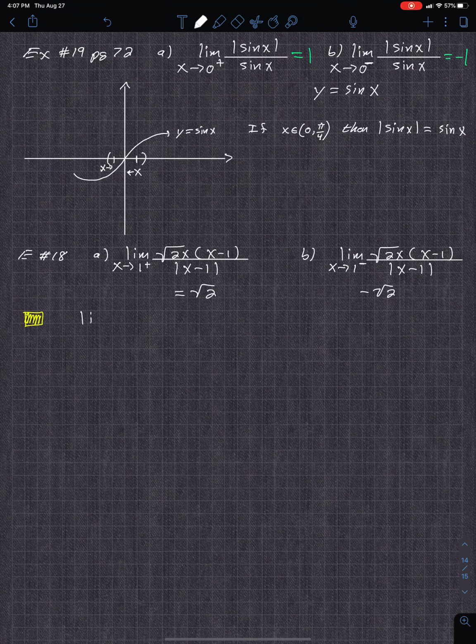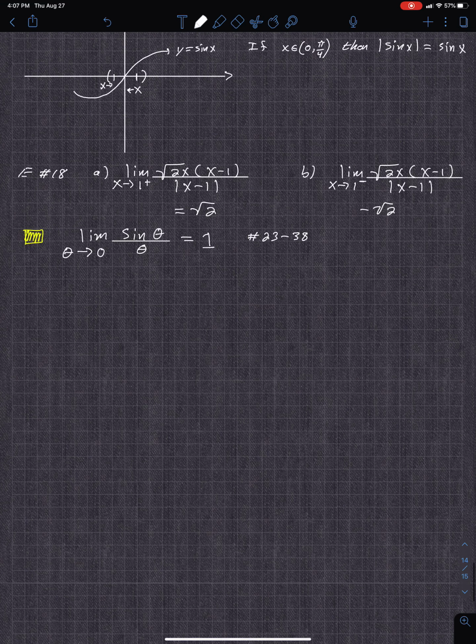You need to know this limit and apply it: the limit of sine theta over theta as theta approaches 0 is equal to 1. This is what's used for numbers 23 to 38. I'll leave that up to you, but that's what you're going to apply.